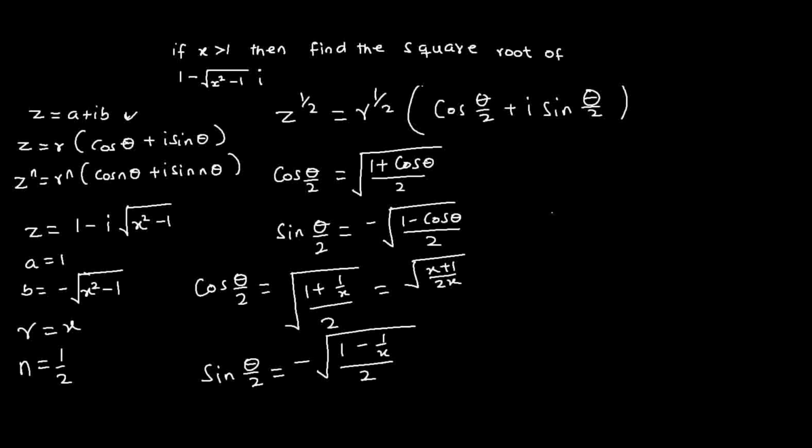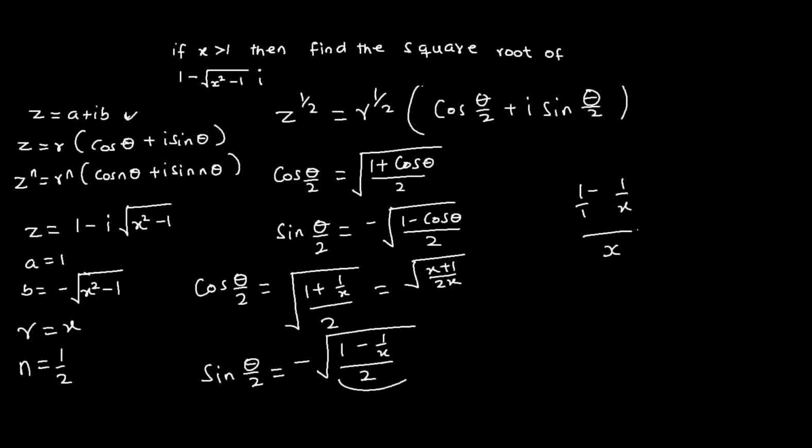Okay, so for the sine theta on 2, dealing with what you have in this square root sign here, I'll have 1 minus 1 over x. Let's simplify this first. I'll multiply the denominators, which will be this x multiplying 1, and that'll give me x.